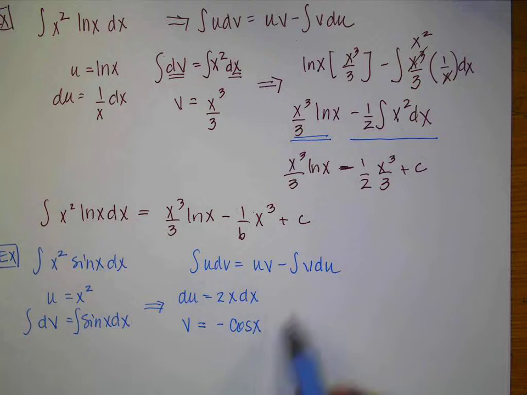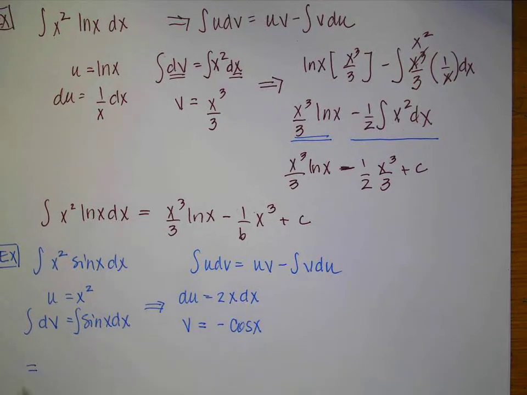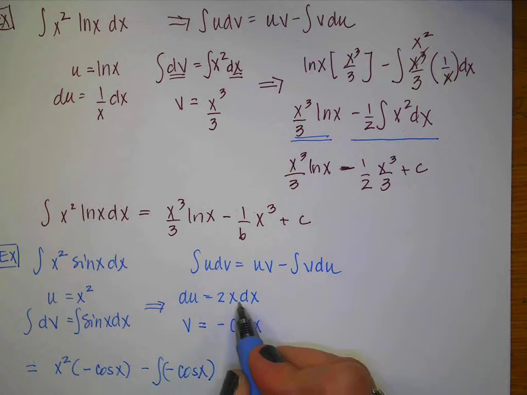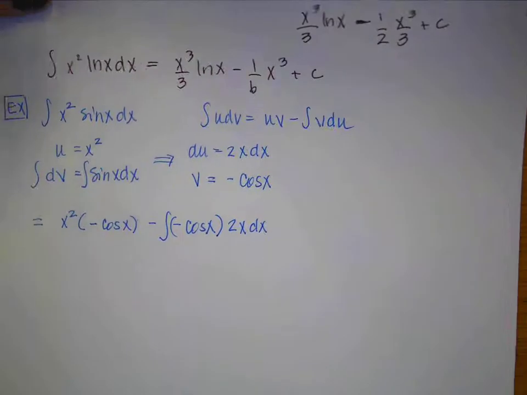So now I'm going to substitute all of my values into my integral, and I'm going to put it in this formula. So then this is going to be u, which is x squared, times v, which is a negative cosine of x, minus the integral of v, the negative cosine of x, put that little guy in parentheses, my du is 2x dx, okay?